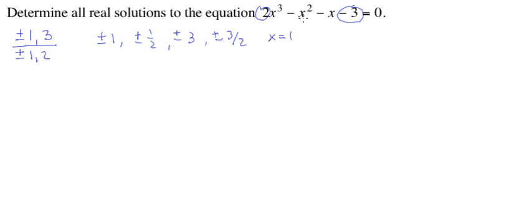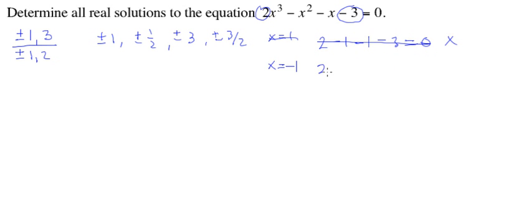If x equals 1, we get 2 times 1 minus 1 times 1 minus 1 times 1 minus 3 equals 0. Nope. That's negative 3 equals 0, so that one did not work out. How about negative 1?